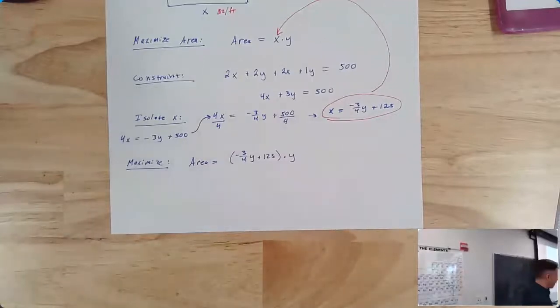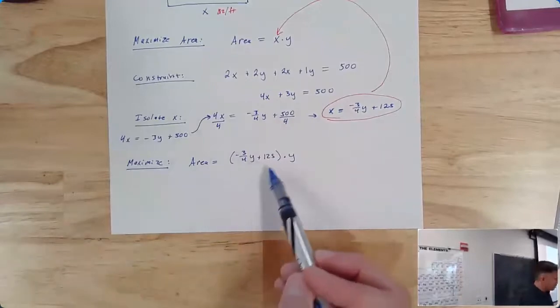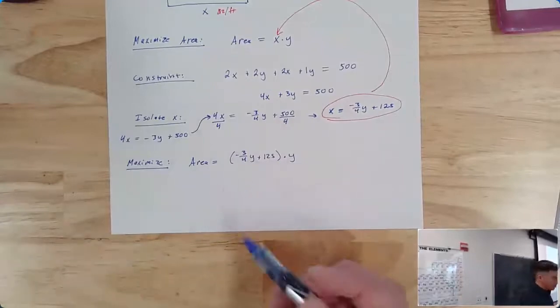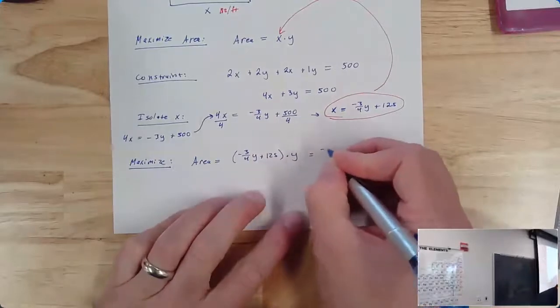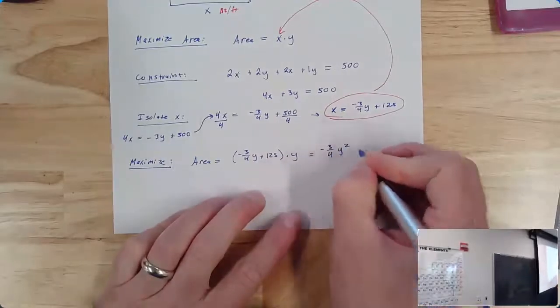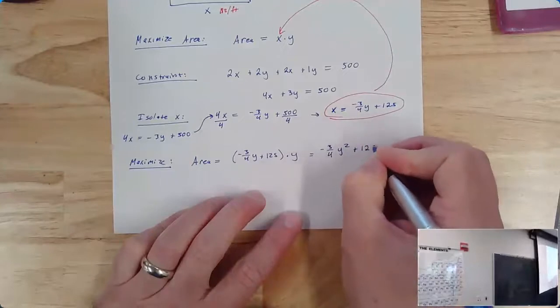Now, a lot of these ones work out that this ends up being the A and that ends up being the B. You should still do the multiplying. That's going to be negative 3/4 Y squared plus 125 Y.